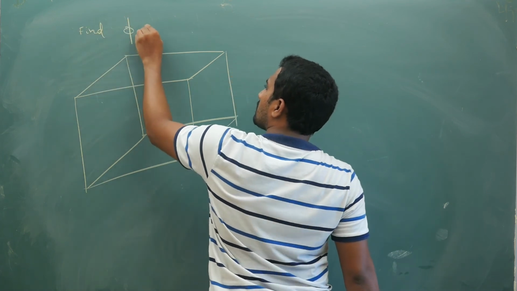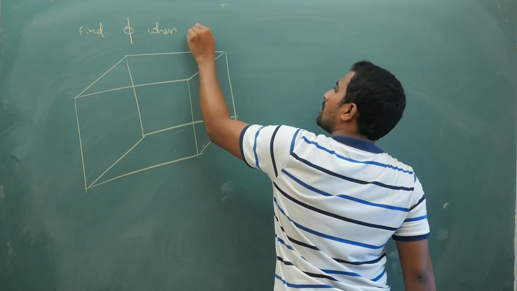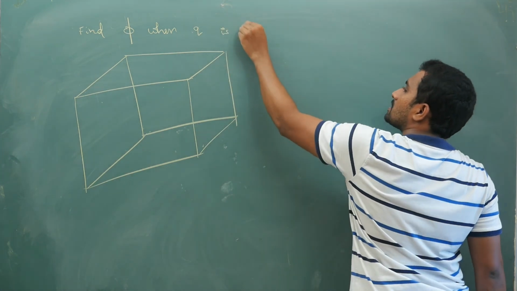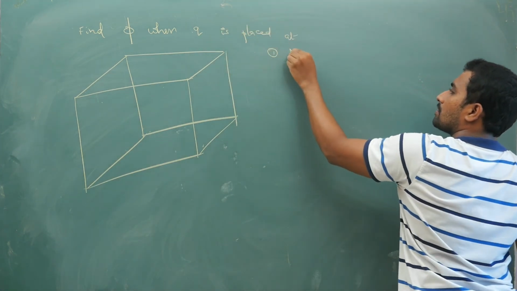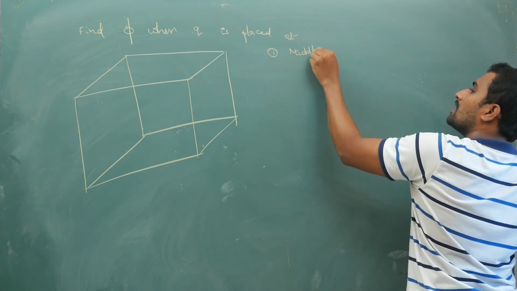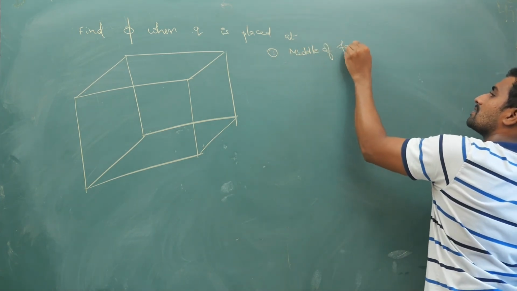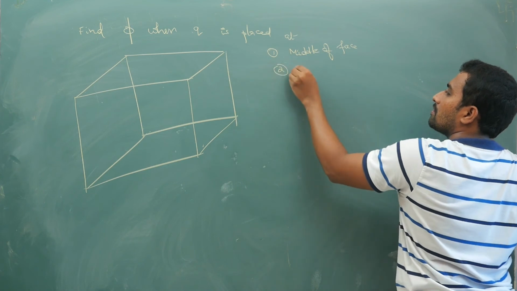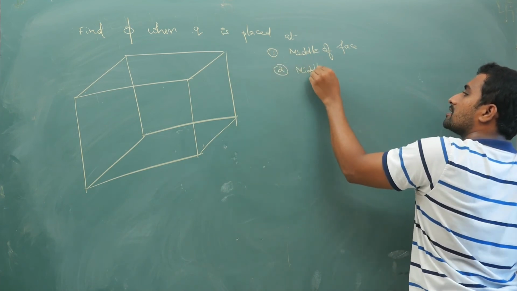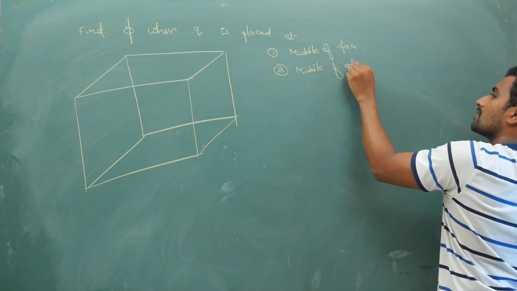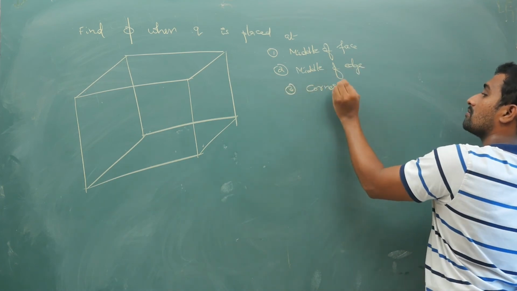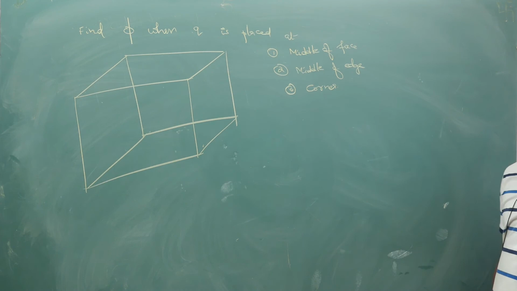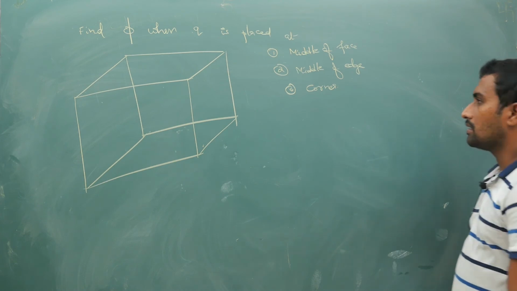Find the flux when Q is placed first at the middle of a face, second at the middle of an edge, third at a corner. In each case I want you to find out the flux.